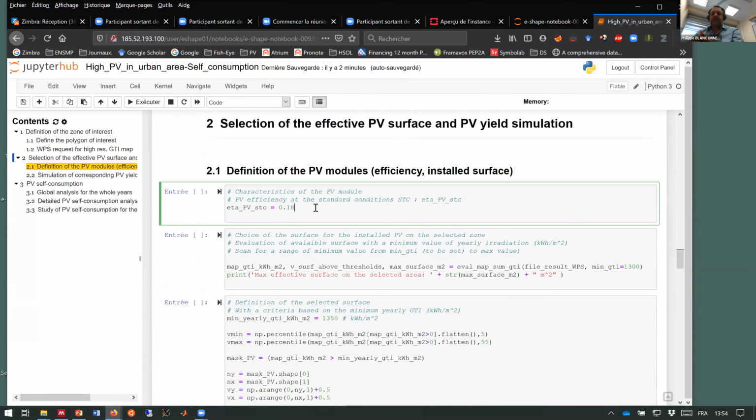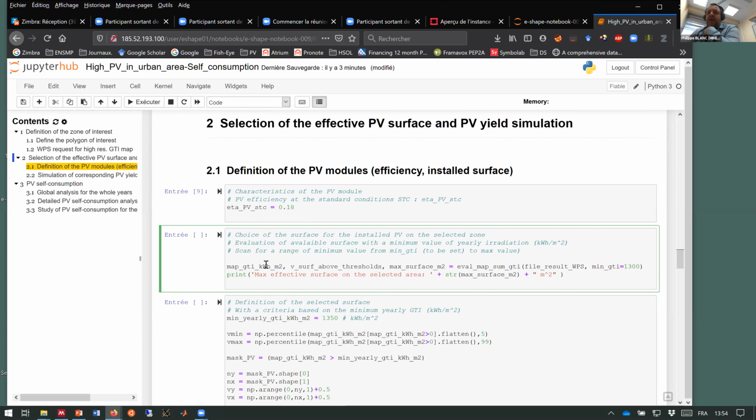In my simulation, I have used something that is standard, not the best we can get, but not the worst either. For the PV module, we have selected an efficiency of 18%. So I select and I get the efficiency. Then I have a module computing the amount of energy I get above a certain threshold and the surface I get above a certain threshold.